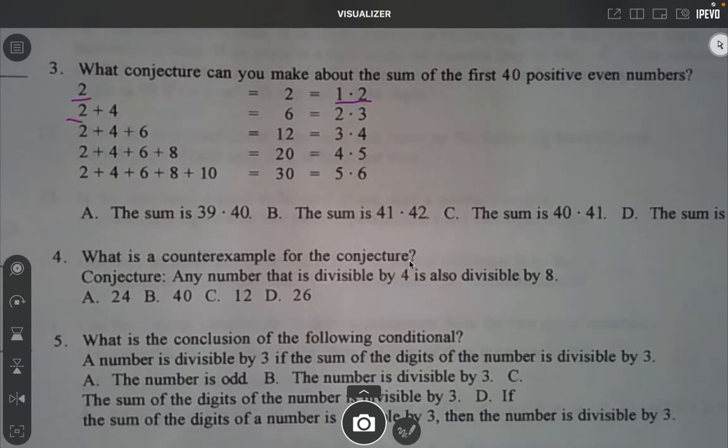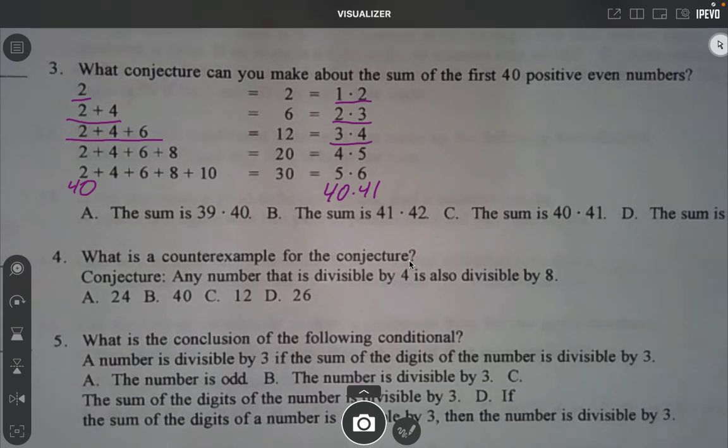If it was 2 numbers, it was 2 times 3. If it was 3 numbers, it was 3 times 4. If it was 40 numbers, it would be 40 times 41. There you go, which is C. You're just looking for your pattern. We've done that exact same problem the 3rd or 4th time.